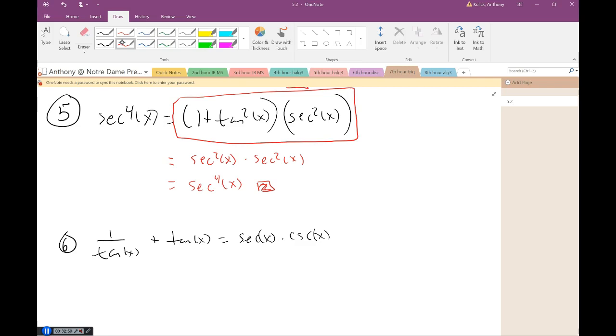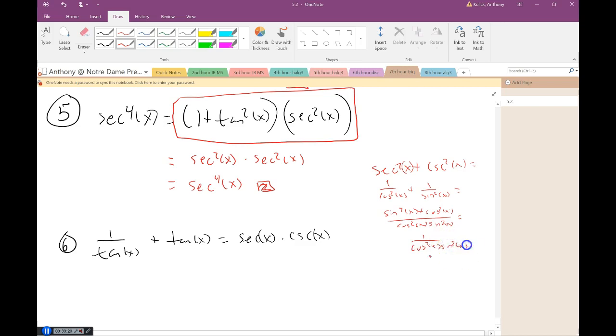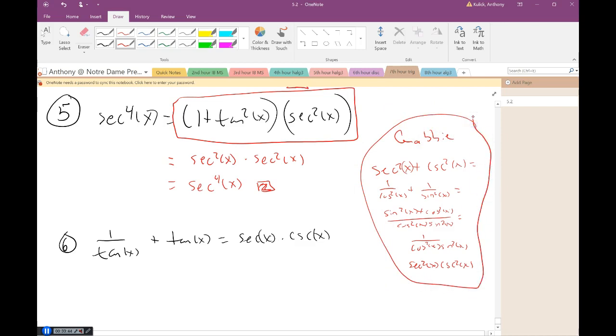That is just for sine and cosine. In fact, Gabrielle, it's secant squared times cosecant squared.